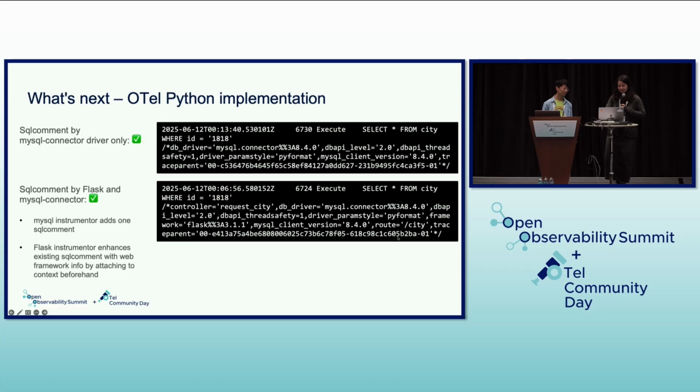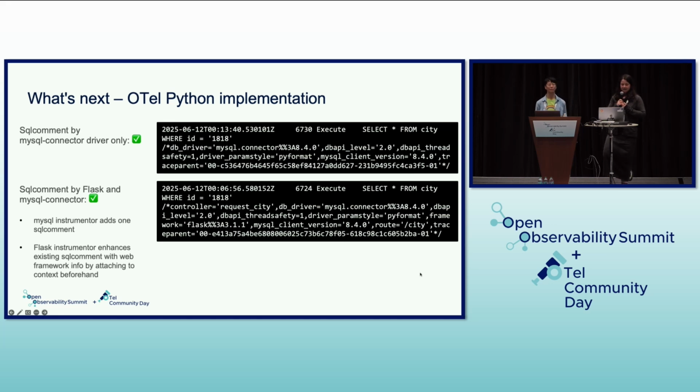This second one's pretty interesting because we've enabled SQL commenting in the instrumenters for both Flask and MySQL connector. We still get a single SQL comment with a trace parent and driver information, but it's also been enhanced with some web app info like the controller, which is called city, or the route /city. And it's pretty neat.